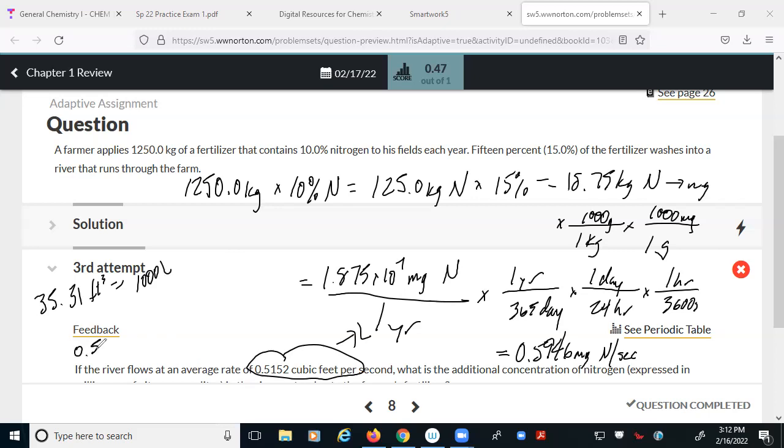So if I do that conversion, that number times 1,000 divided by 35.31, you get 14.59 liters.